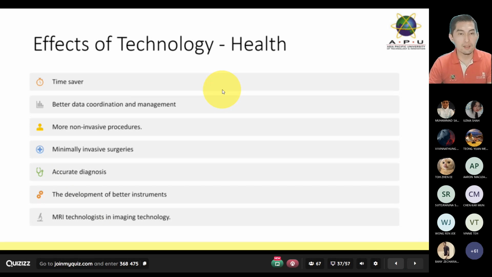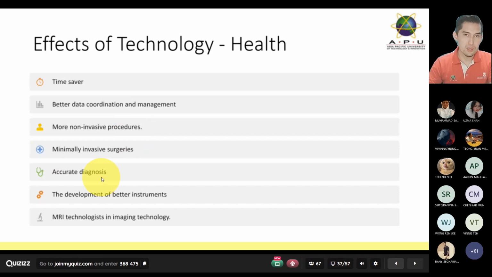Effects of technology for health, right? So there's so many here, from saving time, coordinating, and of course, in terms of you to better manage all of the data that you have. There's a lot of non-invasive procedures, right? If you notice, there used to be very invasive procedures that always require open surgery and so on and so forth. But because of how technology has advanced, we could avoid all of that.